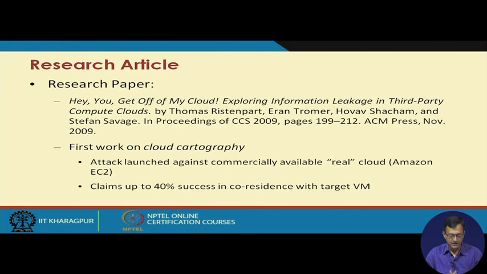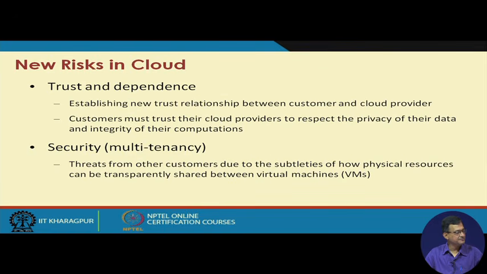If we remember our earlier lectures, one of the major issues is whether we can co-reside an attacking VM, or a malicious user's VM, with a target VM. That is a very challenging task, because I really do not know how a cloud provider allocates the VMs.